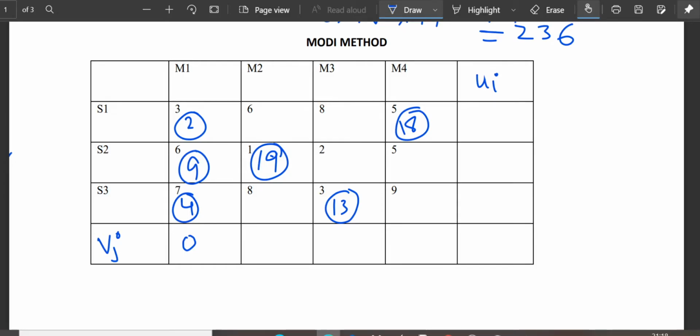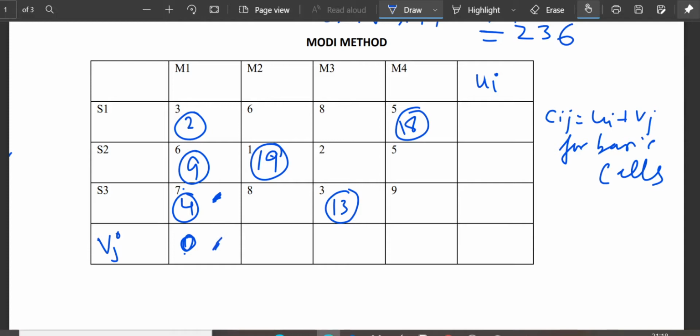Now the formula is Cij equals ui plus vj for basic cells. Come to this cell. The cost Cij is 7, the corresponding vj is 0. So 7 minus 0 is 7. This will be the corresponding ui for this cell.